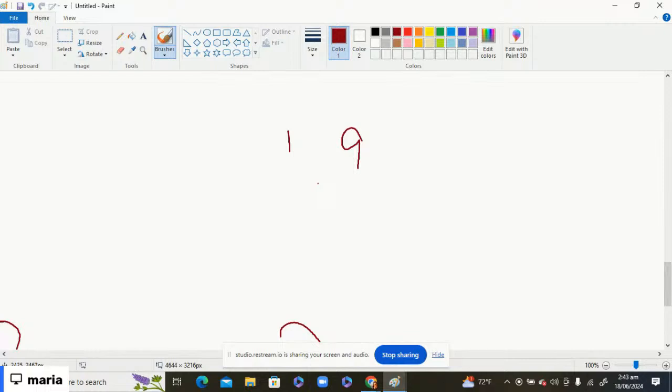Is 9 in the ones place or tens place? Ones place. Good. So this 9 is in the ones place. And here is 1. It's in the tens place.